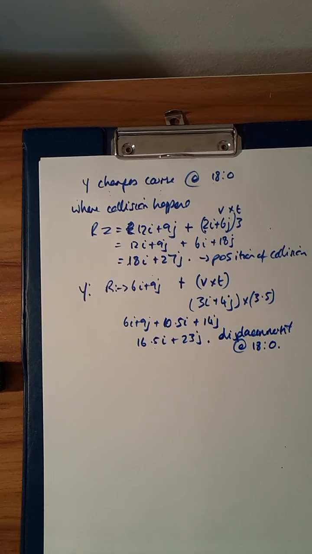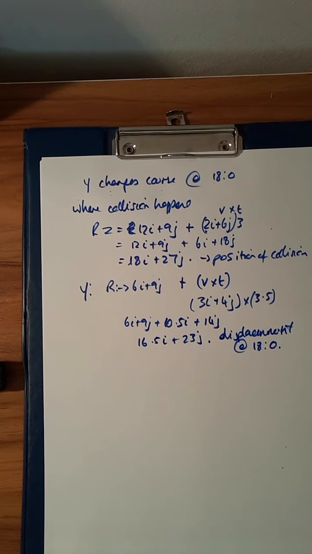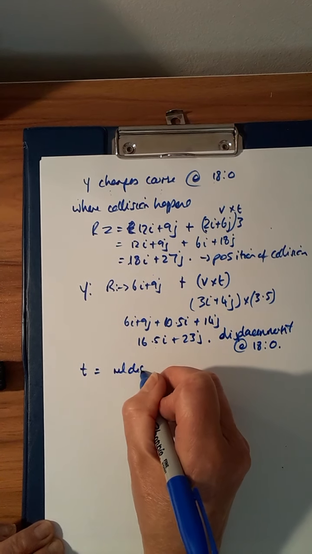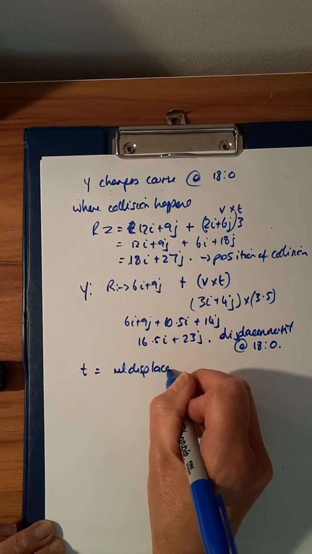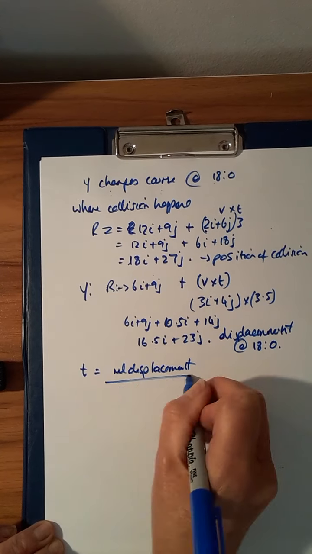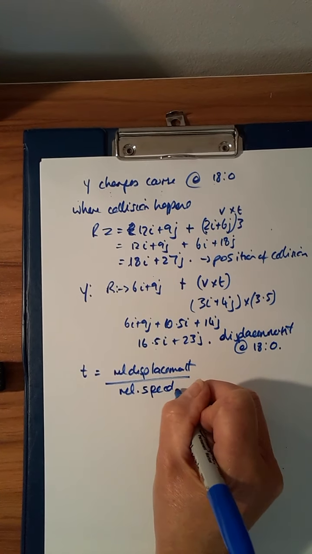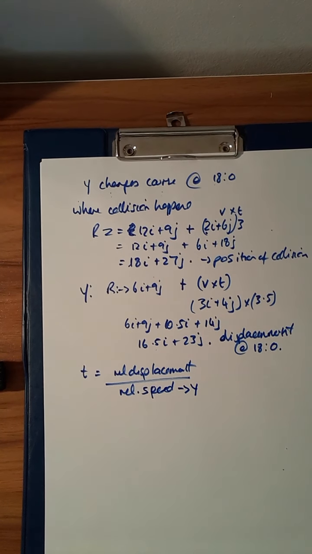Okay, so to find out how long it takes Y to get to the collision, the time is going to be the relative displacement over relative speed, and it's the speed of Y this time, just Y's speed.